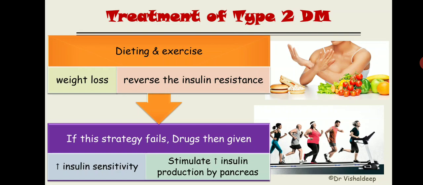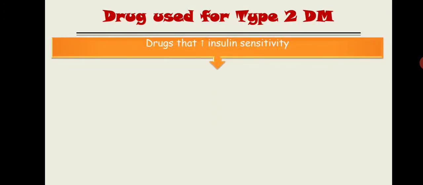Now let's enumerate certain drugs used for type 2 diabetes. We are not going into the detail of the drugs used in type 2 diabetes, as it would be like a 2 to 3 hour lecture. We are just mentioning the drugs that increase insulin sensitivity.